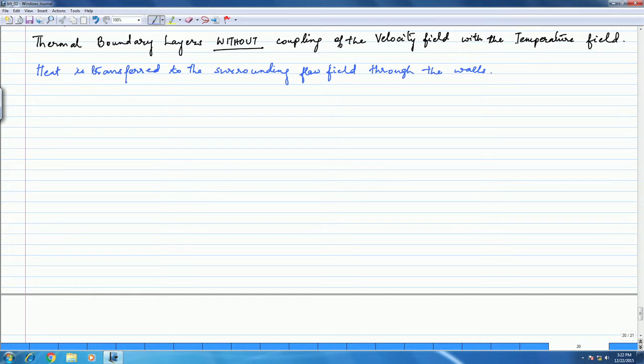So, basically heat is transferred to the surrounding fluid through the wall.